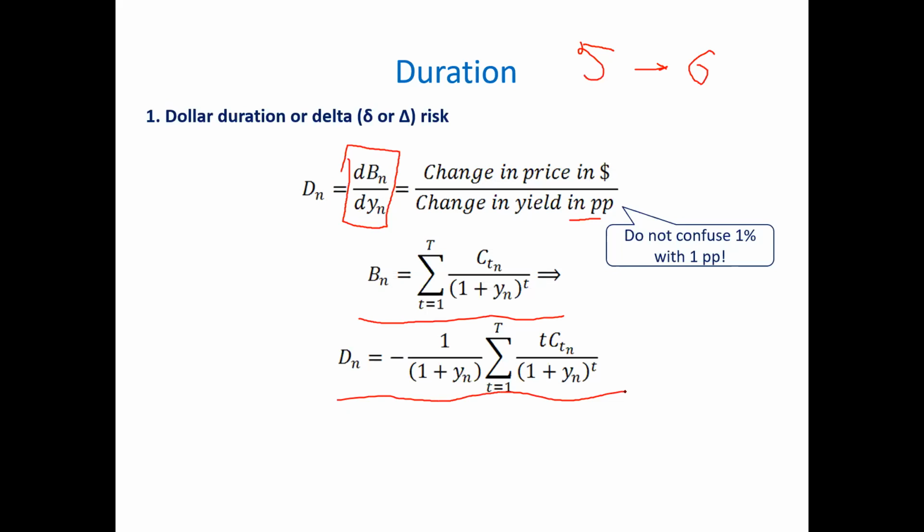So what we see here, well, nothing particular, simply just some formula. Mind that we get a minus here. So tell me please, is that what we expect? So duration is essentially negative, right? Because all other terms are positive here. There are no negative terms because all cash flows and times and yields are positive. So the duration is going to be negative. So is that what we expect?